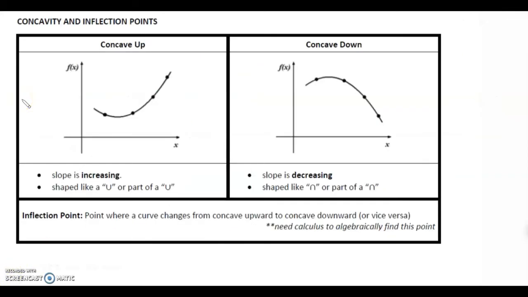Okay, concavity and inflection points. So here's an example of concave up. The concavity is going up, whereas concave down, the concavity is going down. For concave up, the slope is increasing.